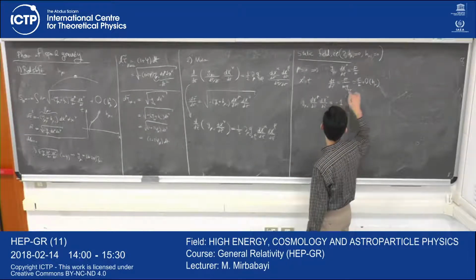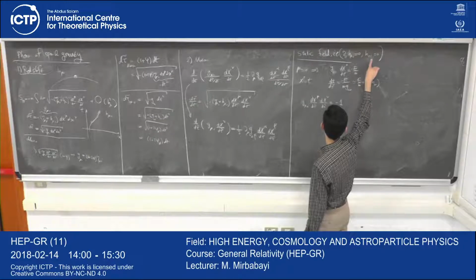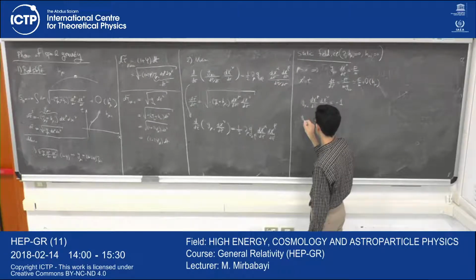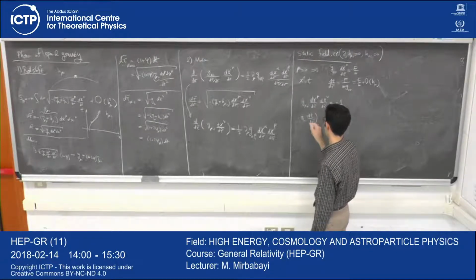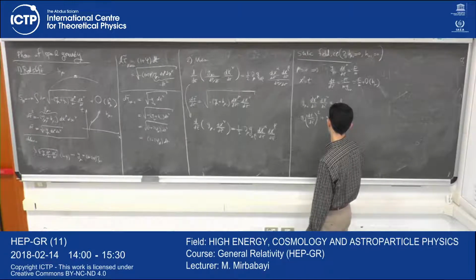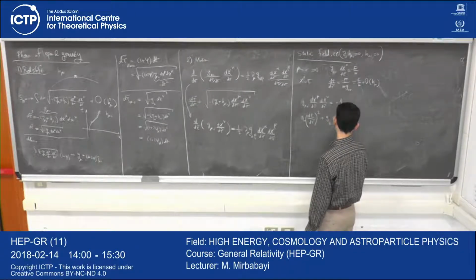And in this particular gauge, that is going to look like g00 (dt d tau tilde) squared plus delta ij dx i d tau tilde dx j d tau tilde equals -1.